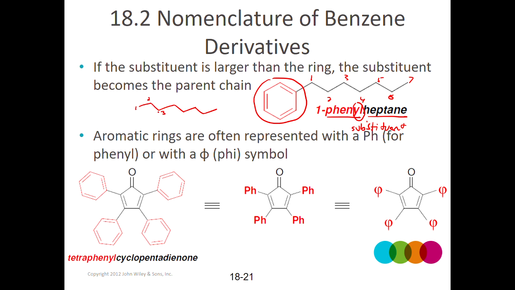And maybe I have something bonded on carbon 3. So if I had 8 carbons in my parent, that'd be octane. If I put a benzene ring here, that would be 3-phenyl octane.